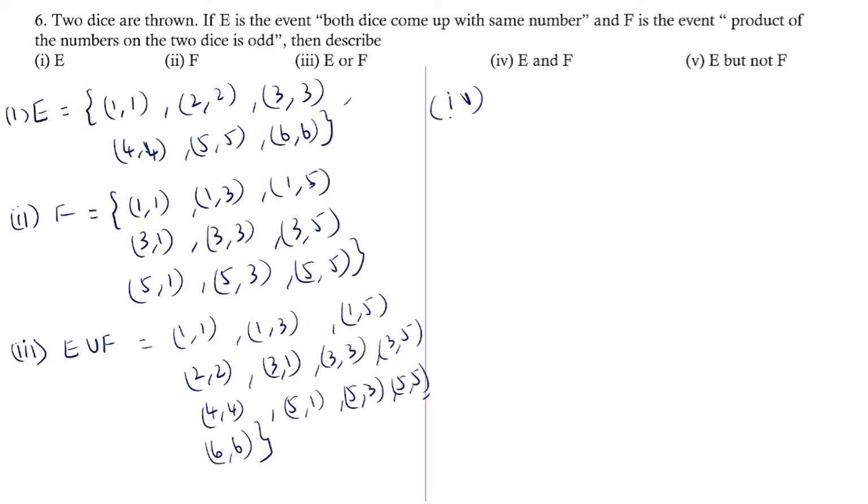Then the fourth subdivision, E and F will be E intersection F. So the various outcomes common to E and F are 1 1, 3 3 and 5 5.